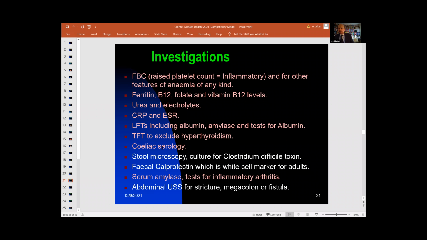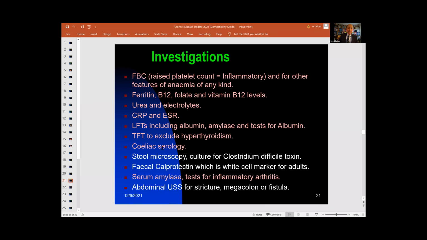So, what investigations are usually ordered in NHS primary care? It's full blood count, remembering that isolated increase of platelet count is now regarded as an inflammatory marker.